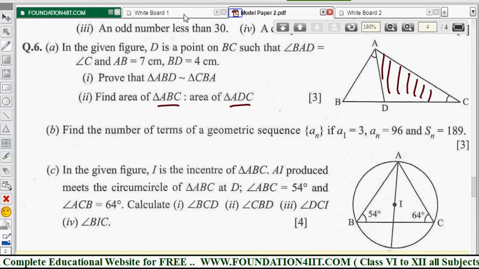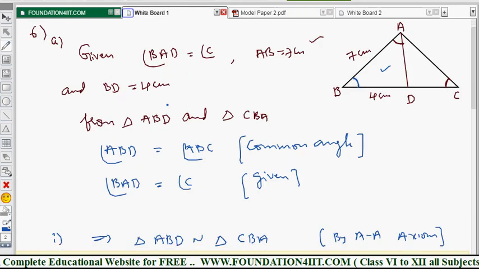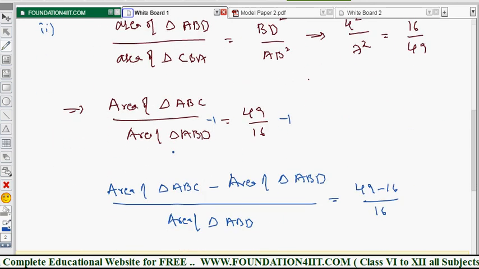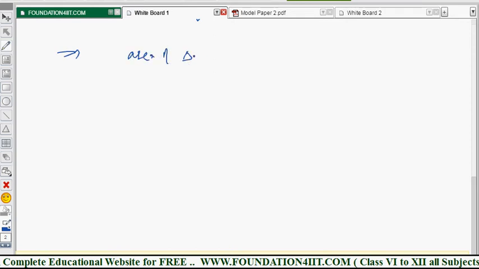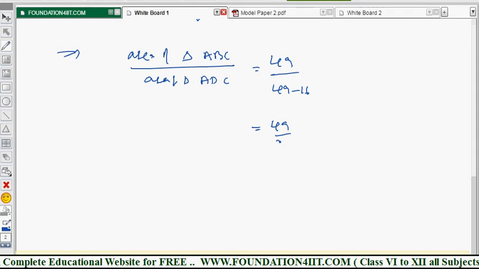So ABC by ADC. Then by applying this both, by interchange, we can confirm this, because area of triangle ABC is already 49, 7 squared, and area of triangle ADC is 49 minus 16, this is reciprocal, so 49 by 33.